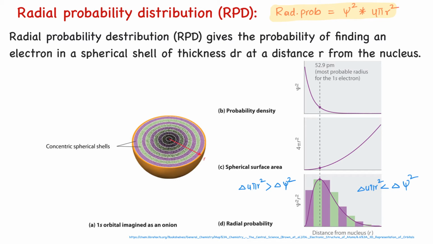The maximum point on this plot is called the most probable radius, which corresponds to a concentric shell where the radial probability is the maximum. For hydrogen, the most probable radius was calculated to be 52.9 picometers. Pause the video here for a moment and think if we have seen this number before.